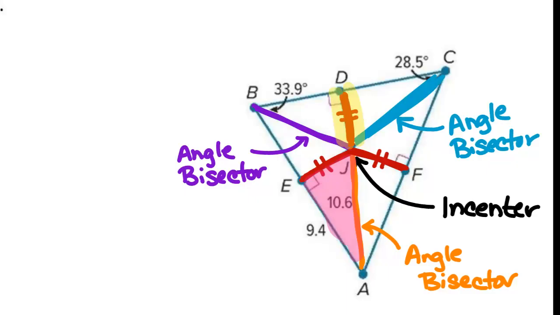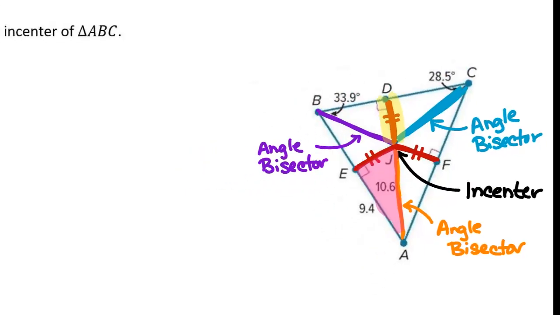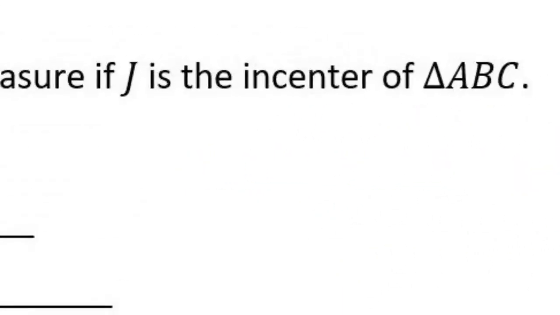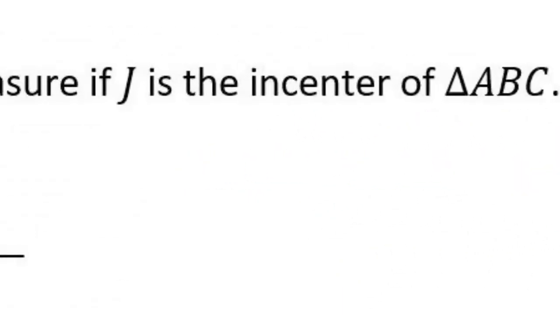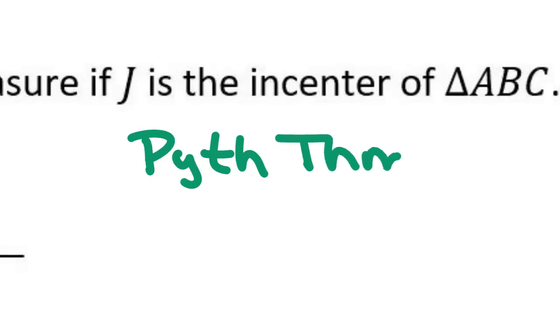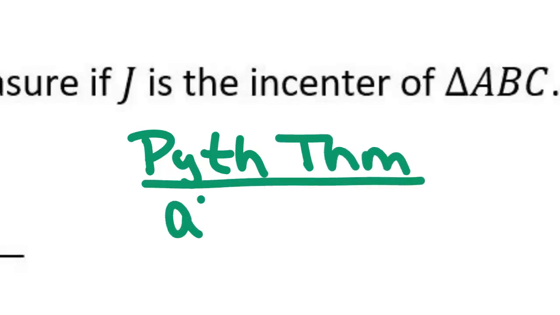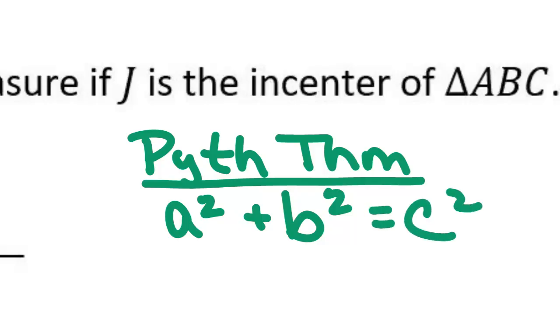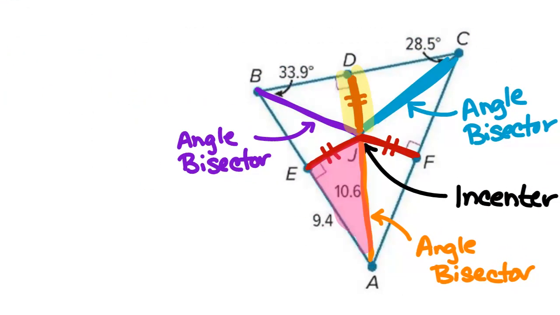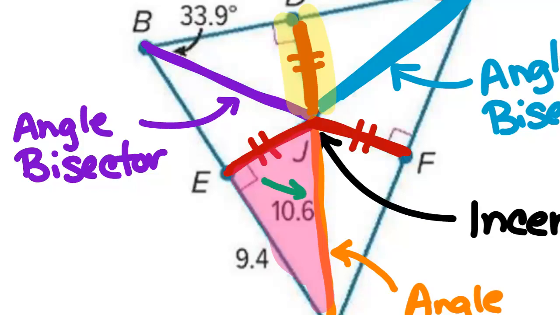What formula can I use to find missing sides on right triangles? Starts with a P. Pythagorean theorem. So we're going to do Pythagorean theorem, a squared plus b squared equals c squared. C has to be the hypotenuse, which is opposite the right angle.